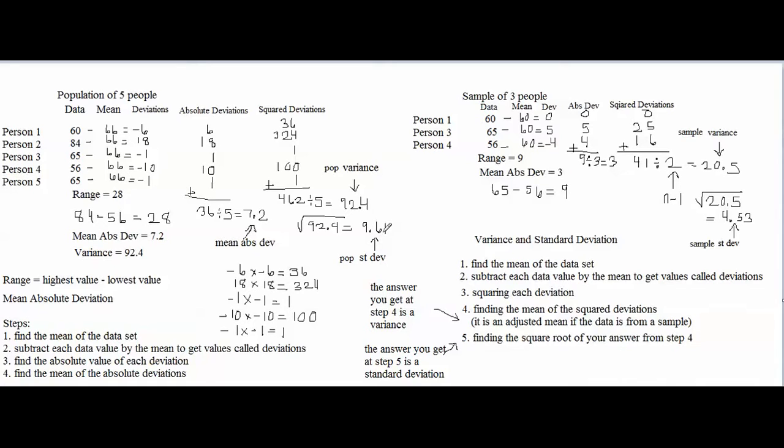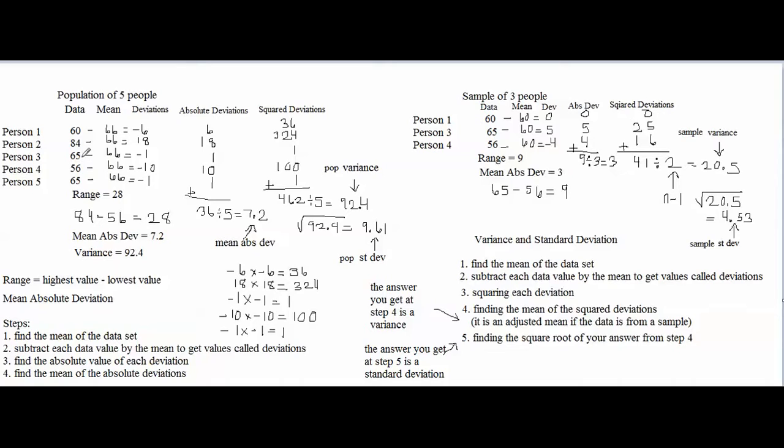A sample value estimates the population value, and we see right here that the sample values came out smaller than the population values, and the reason why is because the sample had less dispersion than the entire population.